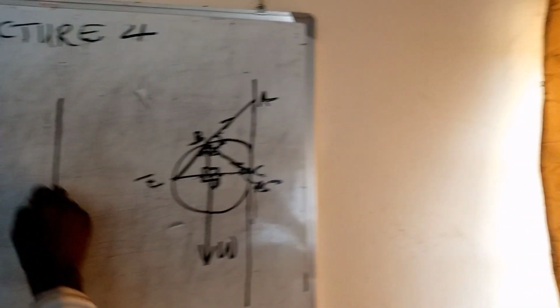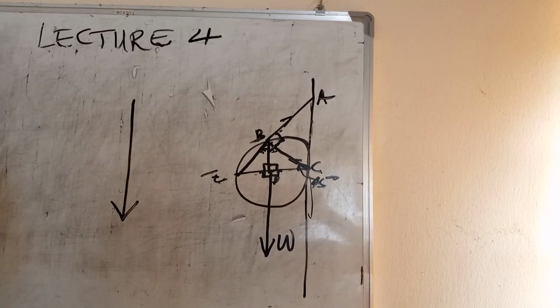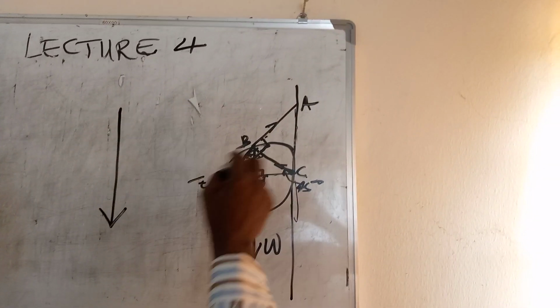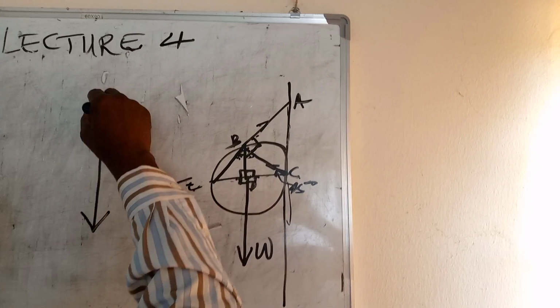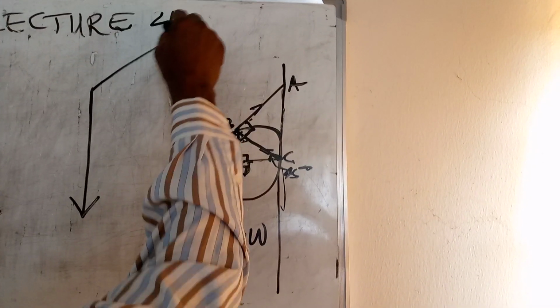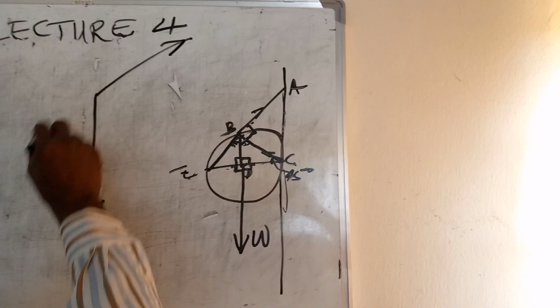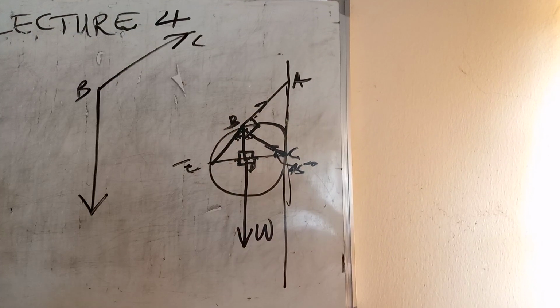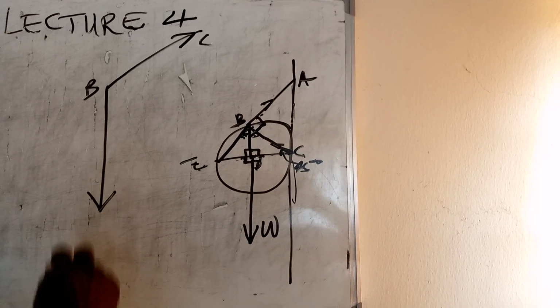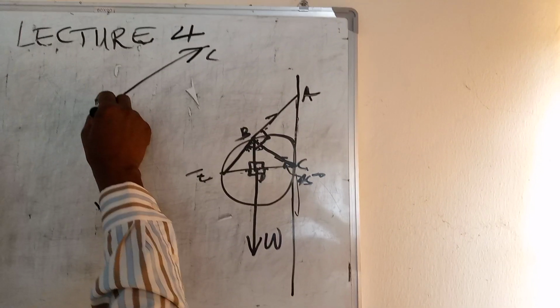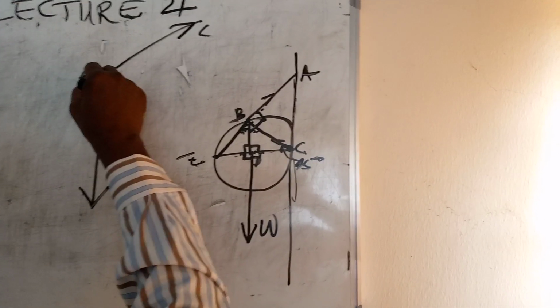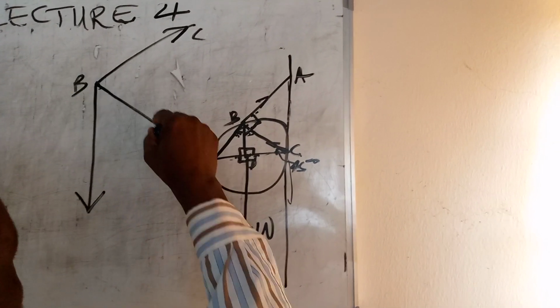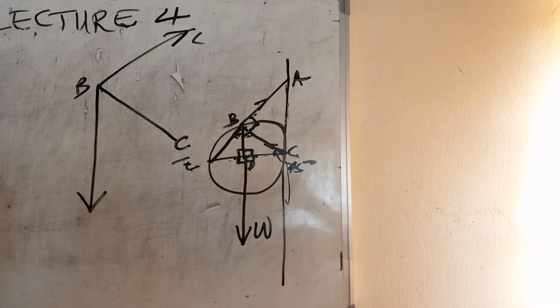So I have the weight of the ball vertical, the tension in the string inclined, that is from B to C, and then I have BC, the reaction from the wall.